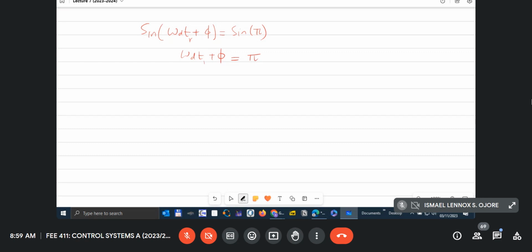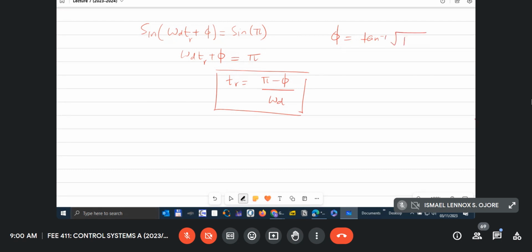Our t, remember, is t_r, right? So t_r is pi minus theta over omega_d. So that is our rise time, where theta is tan inverse, and omega_d is the damped natural frequency.